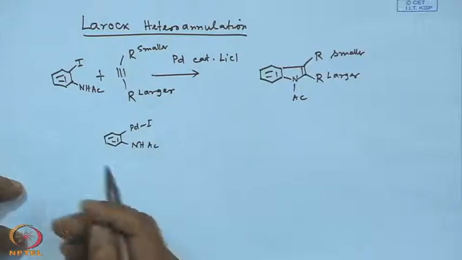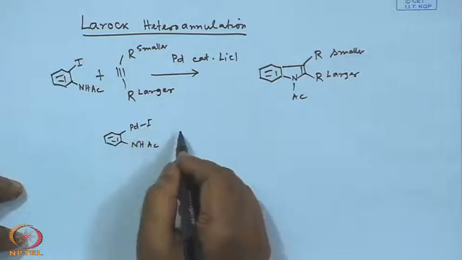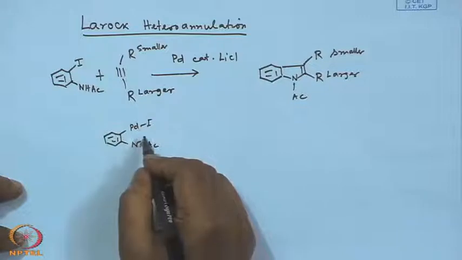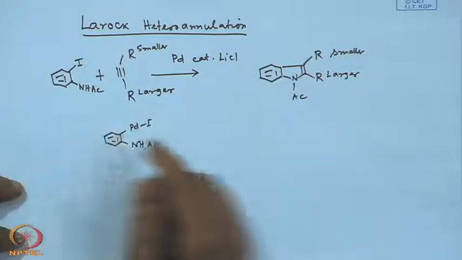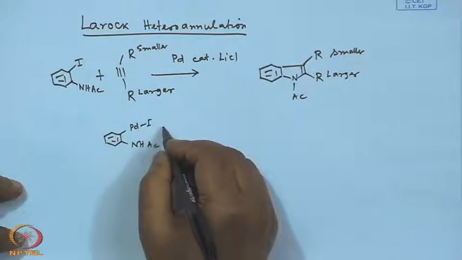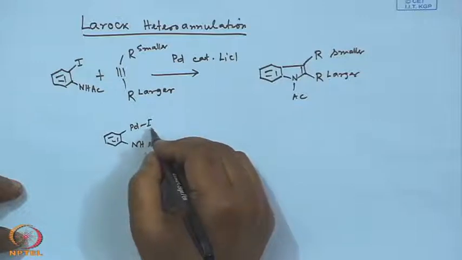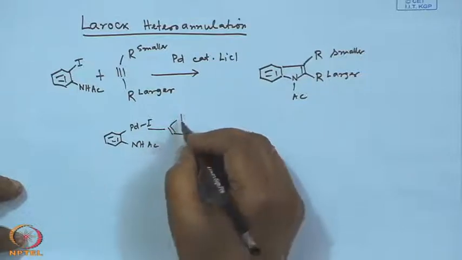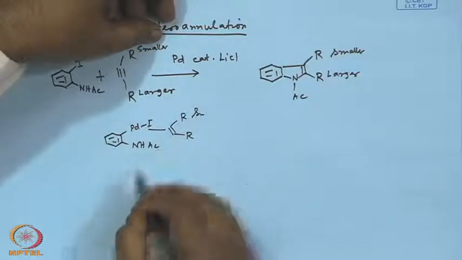Then, because the iodine here is electrophilic in nature, right, one would expect that the polar character would dictate the orientation of the acetylene, but in this case, because it is a metal templated reaction, the larger group should be away from the metal, and it will undergo insertion such that the larger is here and the R here is a smaller one.